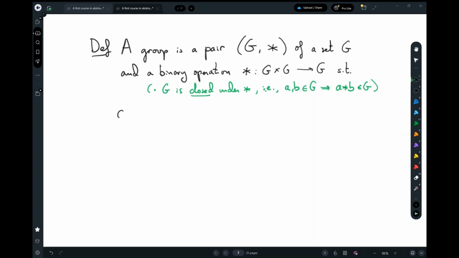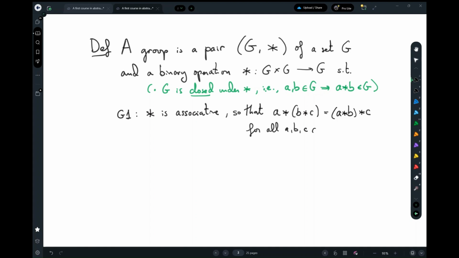that satisfies the following properties. One, we're going to assume that star is associative, and that (A star B) star C is the same as A star (B star C) for all A, B, and C in G. Why do we need this? We need this because binary operations only tell me how to operate on two elements at a time.